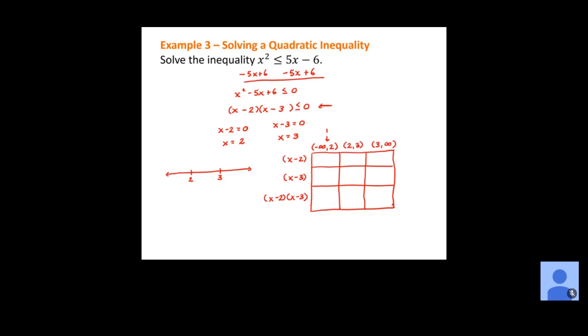So I'm going to plug in 1. That's going to give us 1 minus 2 times 1 minus 3. Now, I don't care the exact value. I just care whether it's positive or negative. Is 1 minus 2 going to be a positive value or a negative value? Negative. Is 1 minus 3 going to be a positive value or a negative value?